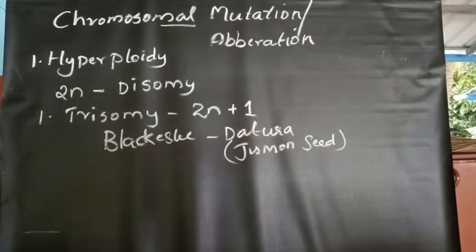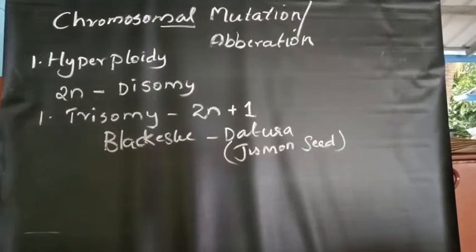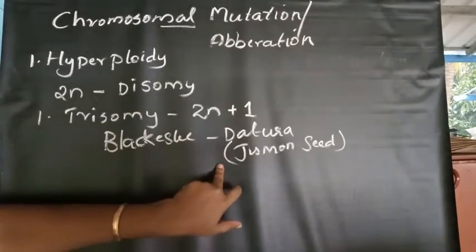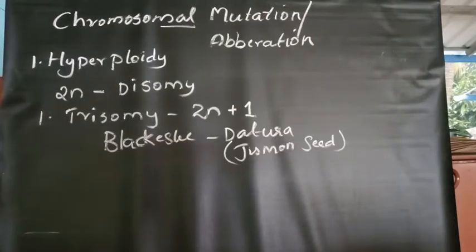So trisomy is a condition where a single chromosome is added to the diploid set of chromosomes, which we call disomy. This is the first report regarding trisomy.